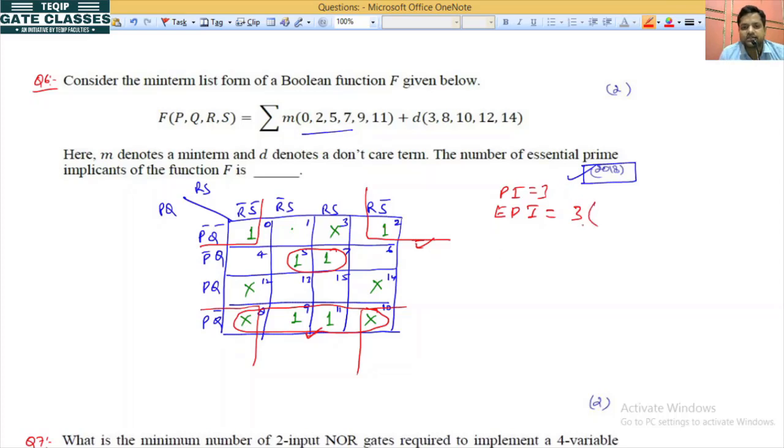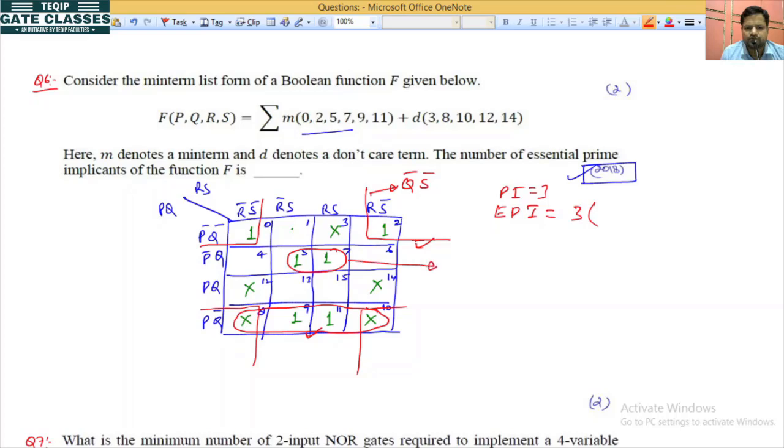Sometimes the names of the EPIs are asked, so you can write the expression for each EPI here. For this group, it will be P bar Q bar, P Q bar, so Q bar is common, and from columns it is R bar S bar, R S bar, so S bar is common.